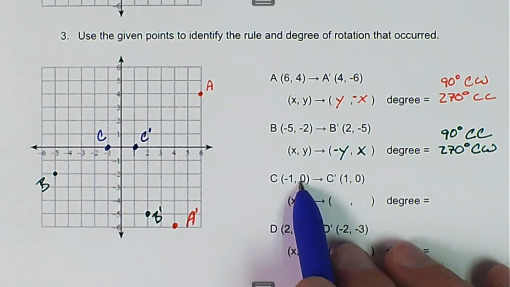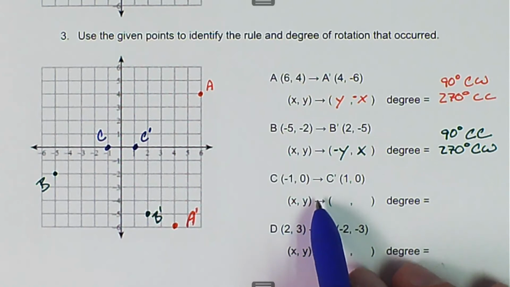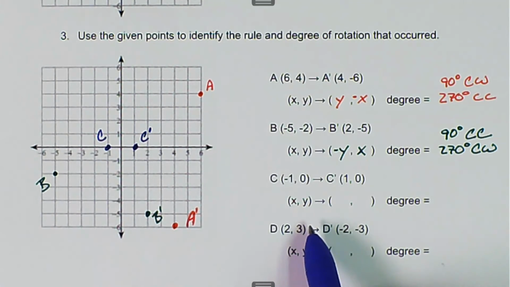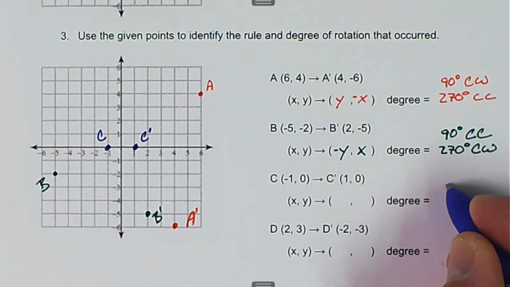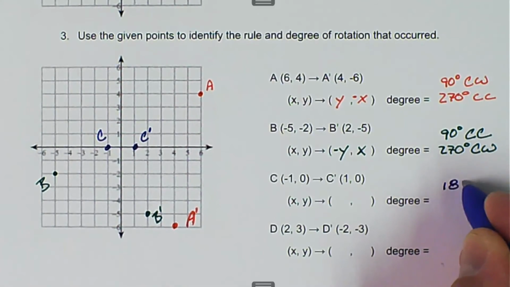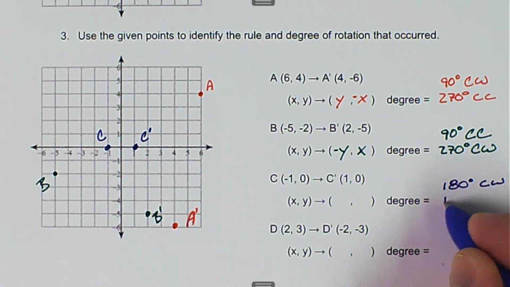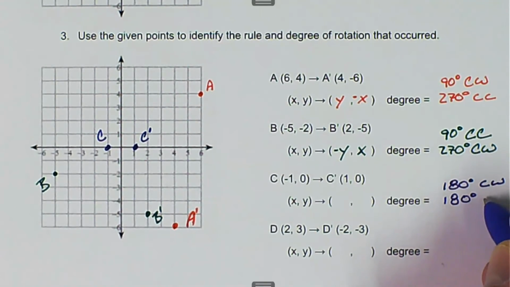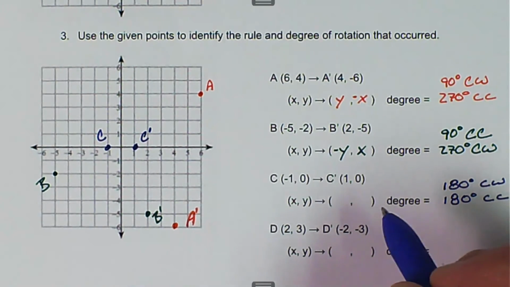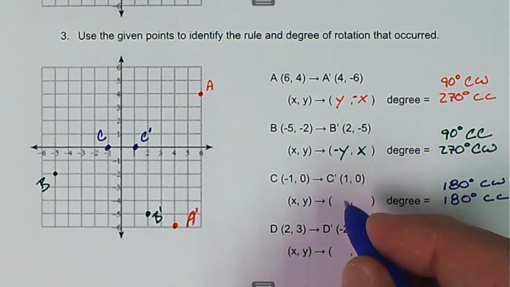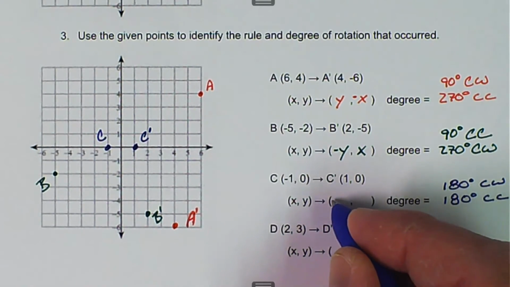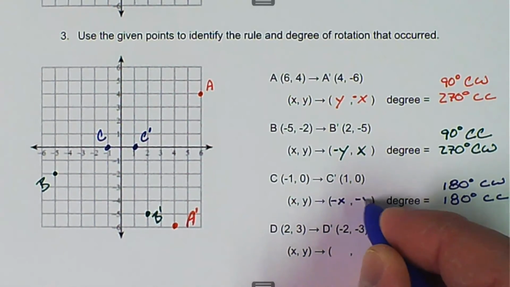So negate the x, and probably negated the y also, we just can't tell because it's 0. This is going to be a 180 degree clockwise or 180 degrees counterclockwise rotation. Those will both get you to the same location. Whenever we have 180 degrees, basically it's just negative the x and negative the y.